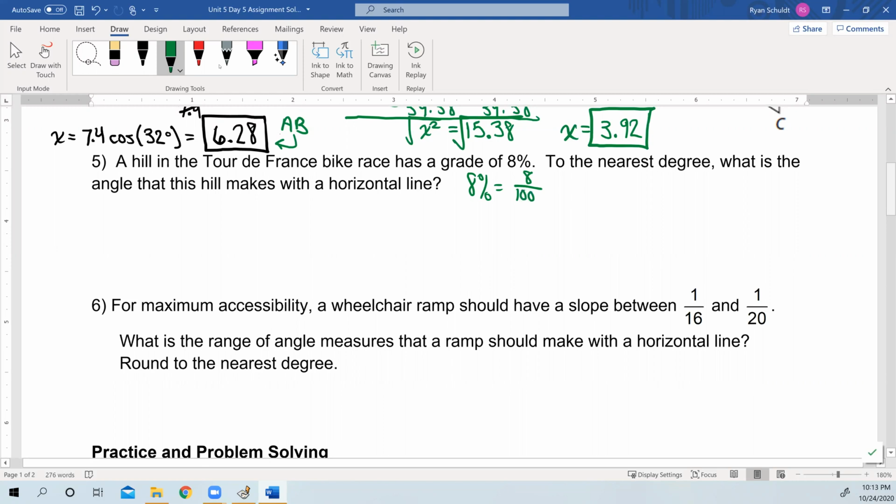So if I draw a triangle here, that means for every 100 feet we go over, we go 8 feet up. I need to know what this angle is right there. So this is opposite because we're across from it. This is adjacent. So which one would I use with opposite and adjacent?